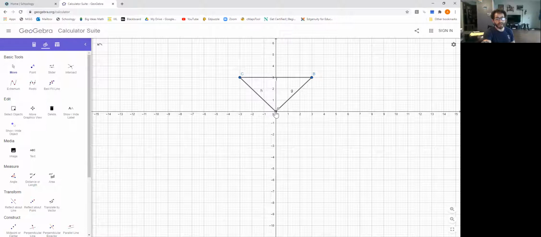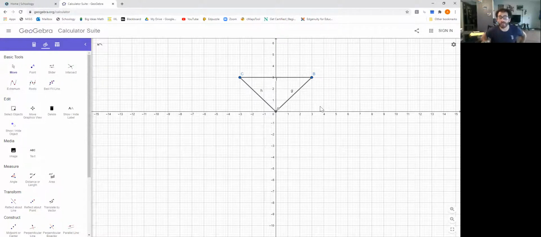Since we know the endpoints are the same distance away from the origin, we can assume these are equivalent sides, which makes an isosceles. Segment BC is not going to be the same, so it's not equilateral. So it is an isosceles triangle.